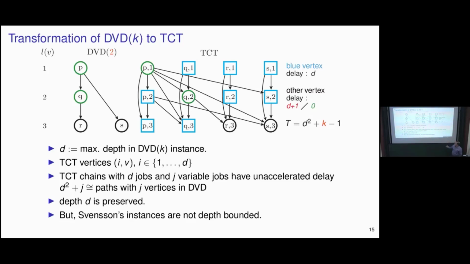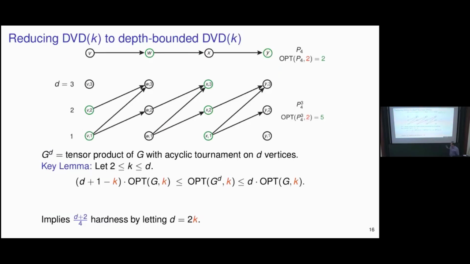And so to delete such a path, we need to delete these chains, and that is the one part of the reduction, but these instances need not be depth bounded, and that's then a bit more complicated.